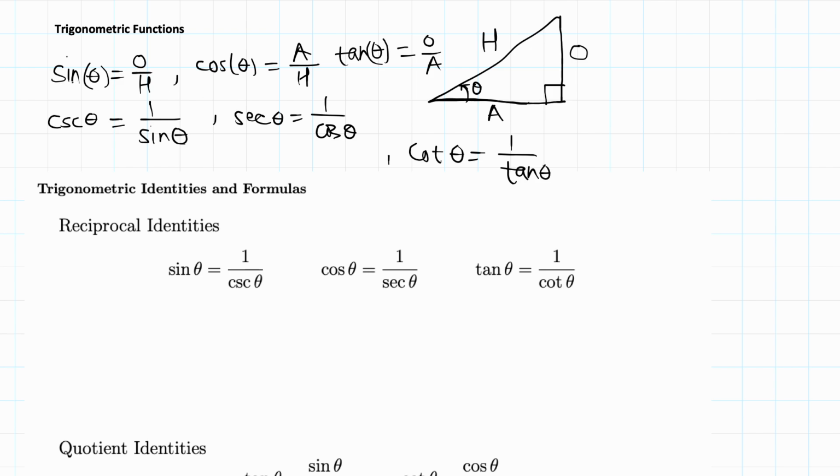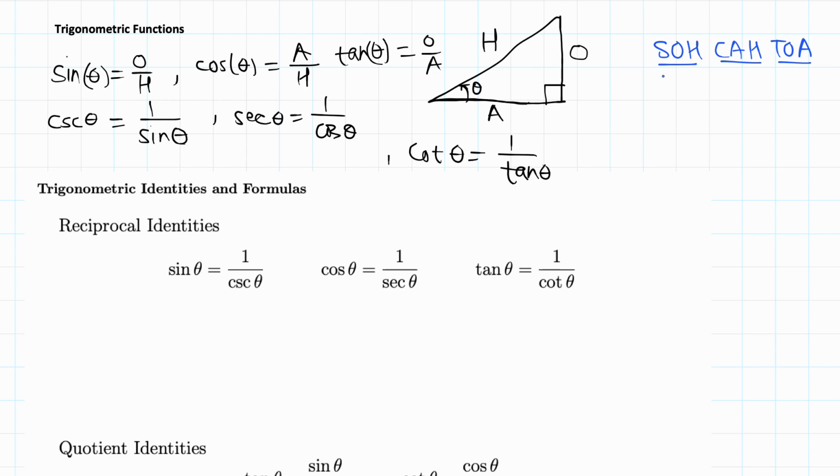To memorize sine, cosine, tangent in terms of the ratios of 3 sides, we sometimes go by SOH-CAH-TOA. Sine is opposite over hypotenuse. Cosine is adjacent over hypotenuse. Tangent is opposite over adjacent.